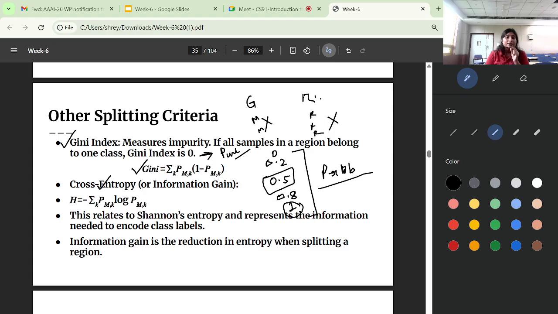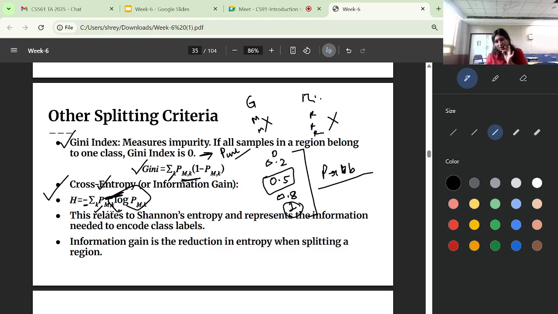Now, second is this information gain or cross entropy. The entropy has this formula: H is equal to minus summation of P log P. Here also we have a product of two probabilities, and summation is there. Just a minus term is there because of log.